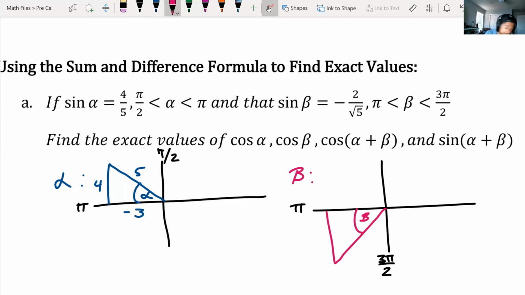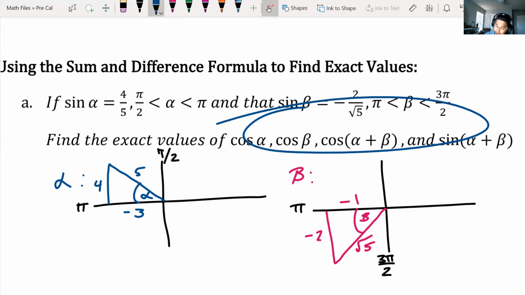And if sine is -2 over the square root of 5, this means that the height is -2 and the hypotenuse is what? Square root 5. And then by Pythagorean theorem, the base is going to be what? -1. Good. We have everything figured out for alpha and beta, which means we can now find what it's asking of us.